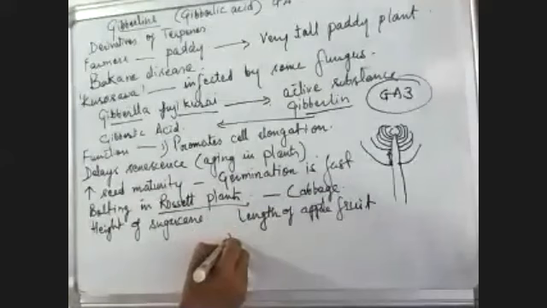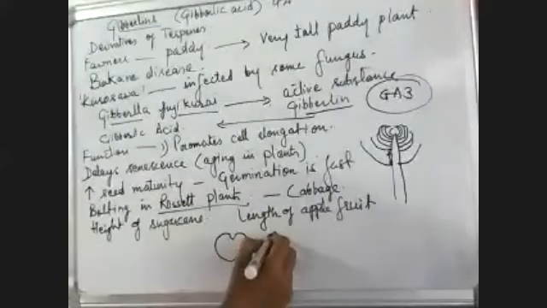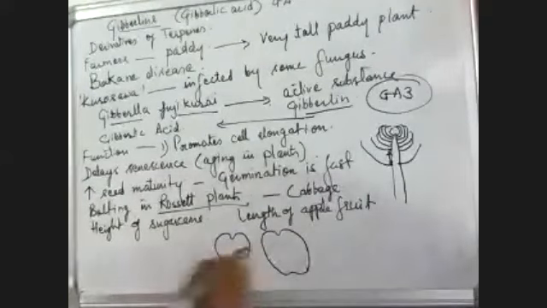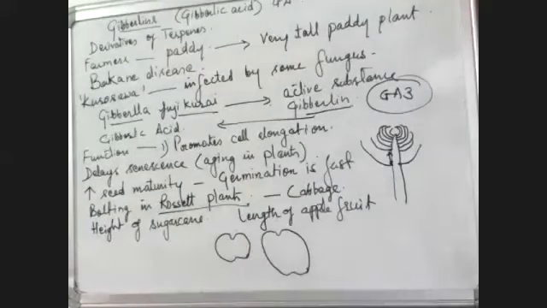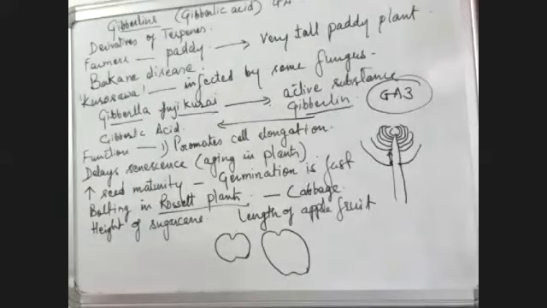If the apple is just circular, it will be small in size, but if its length increases, it will be bigger and the person will earn more money by selling it. So these are the functions of gibberellin which have been researched.